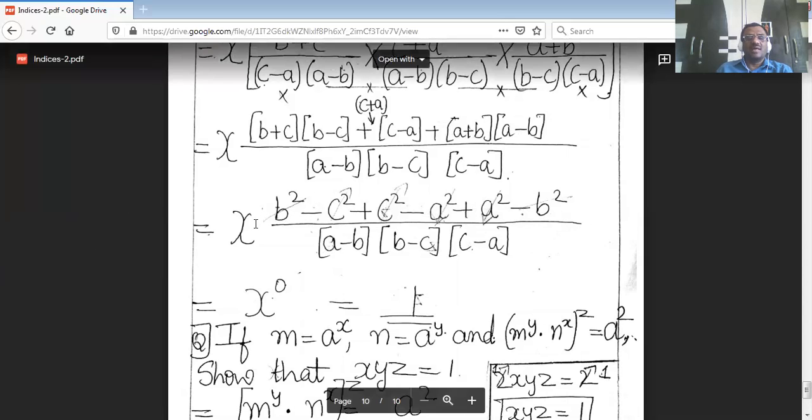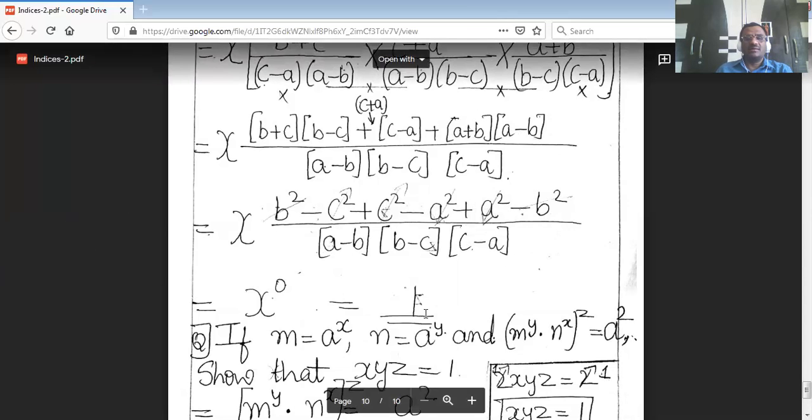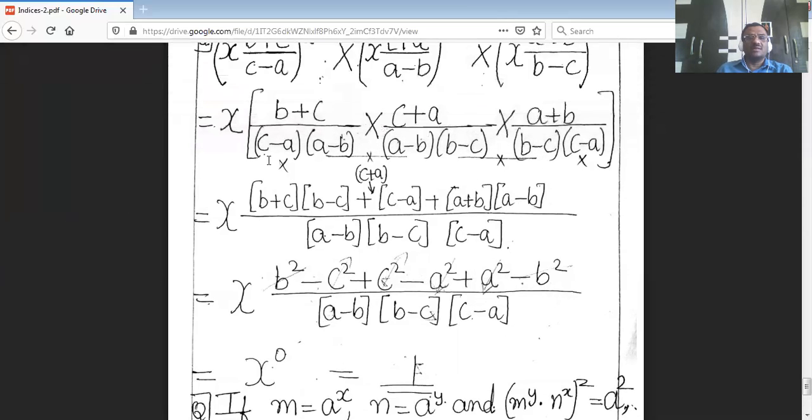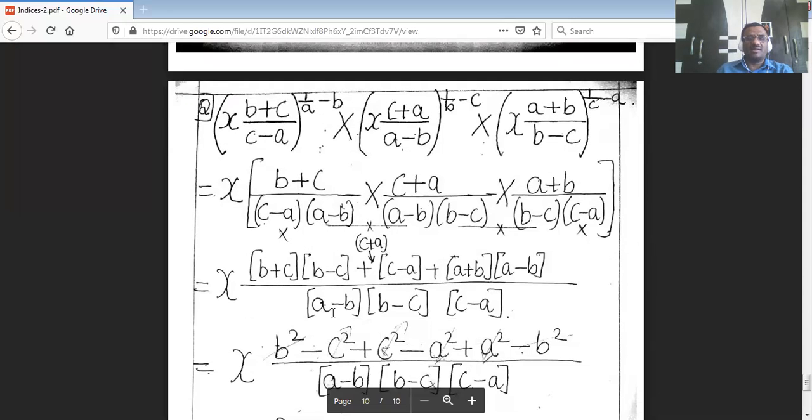So this is x to the power of 0 divided by a minus b into b minus c into c minus a. The answer is 1. The only thing is, you need to focus on this particular step, how to get the LCM as a minus b, b minus c and c minus a.